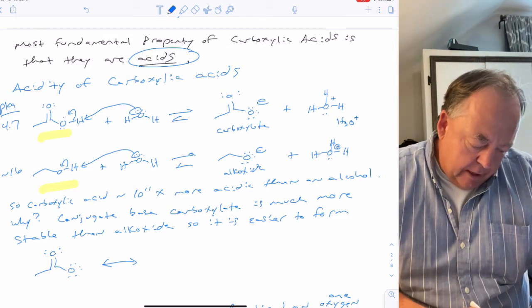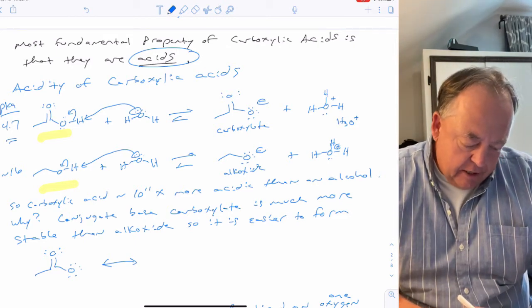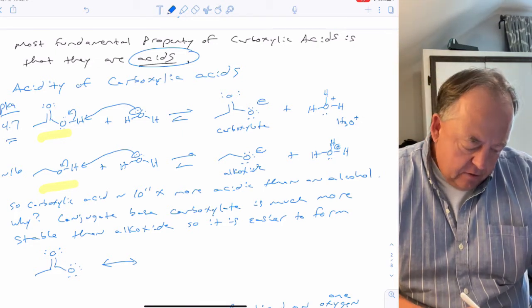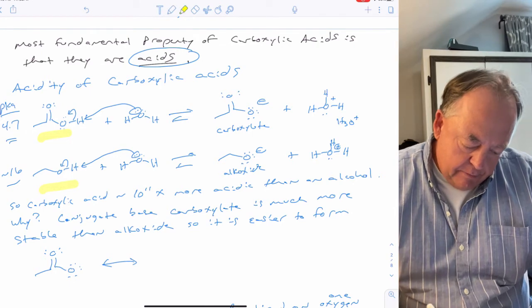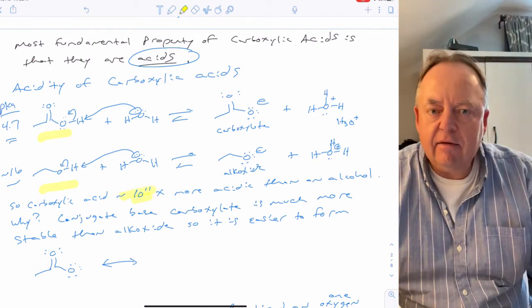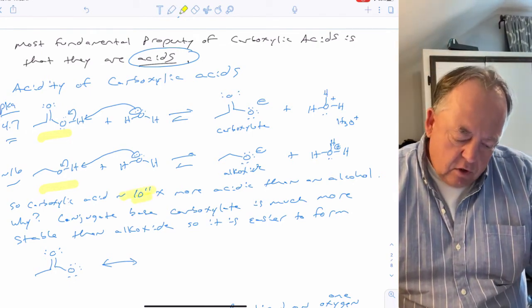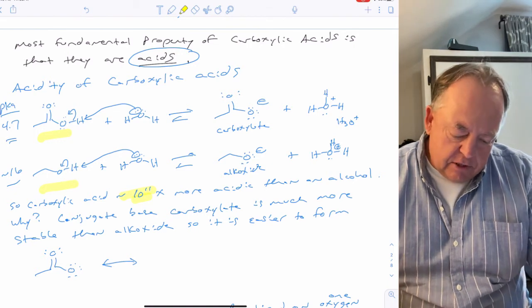But if we look at the pKa value, the carboxylic acid has a pKa of about 4 to 5, whereas an alcohol is about 16. So there's a difference in pKa values of about 10 to the 11th. So carboxylic acids are significantly more acidic than alcohols.